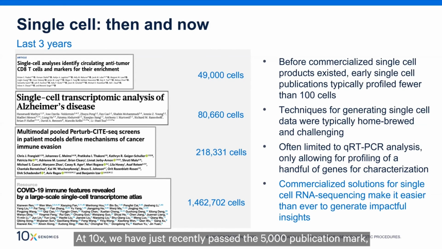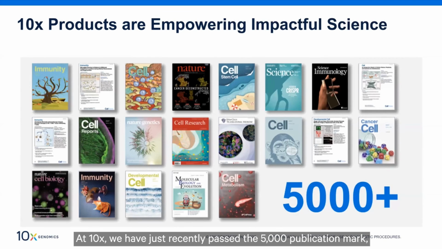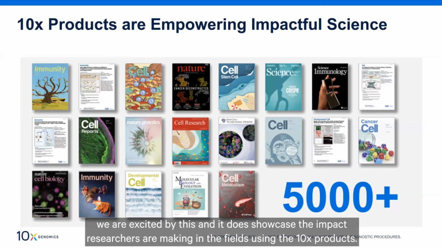And at 10x, we have just recently passed the 5,000 publication mark. We are really excited by this, and it does showcase the impact researchers are making in their fields using the 10x products.